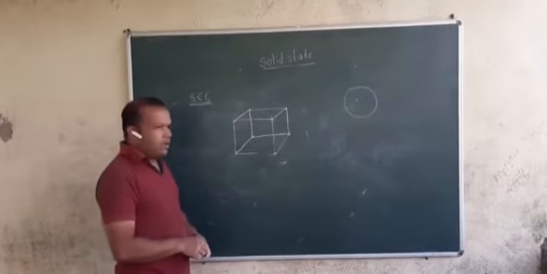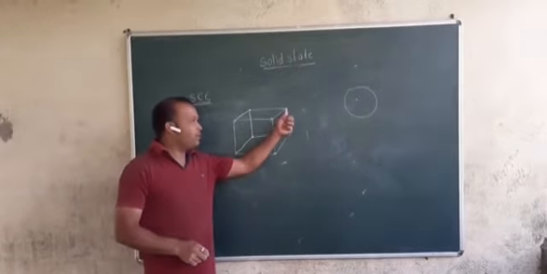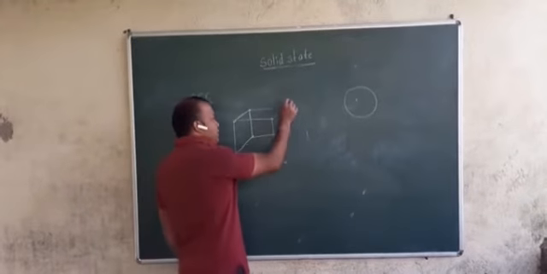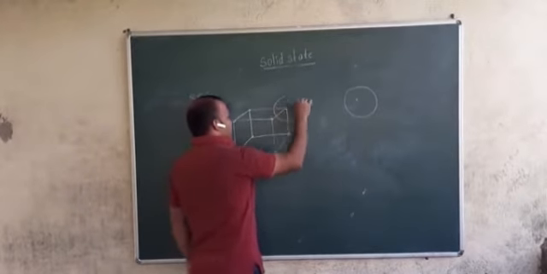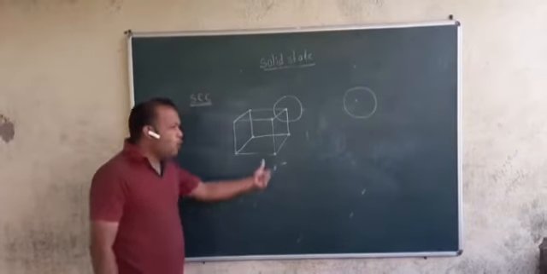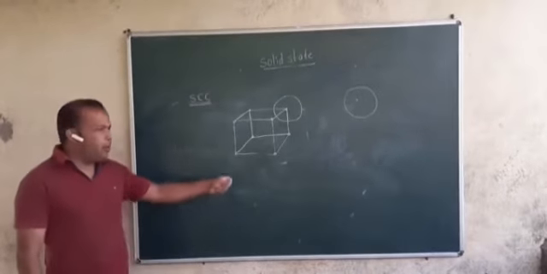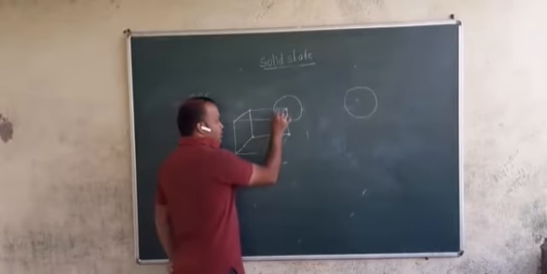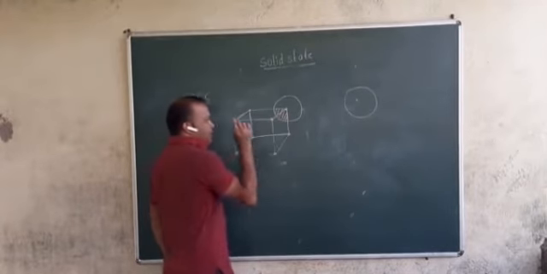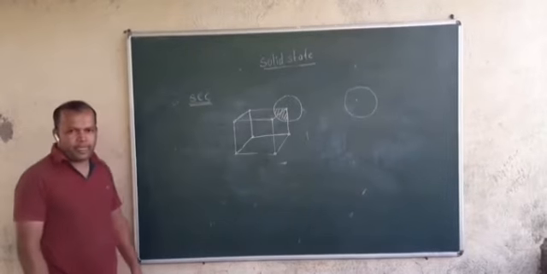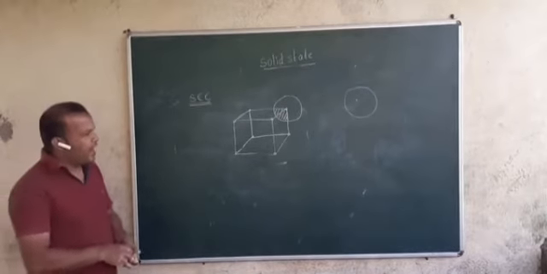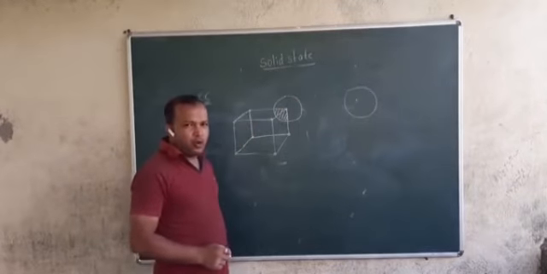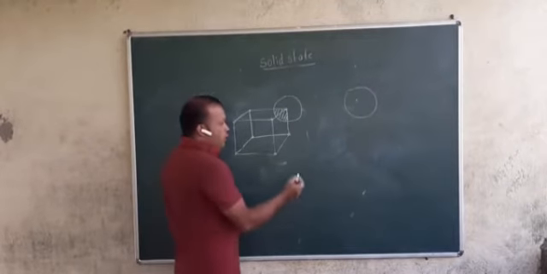And I said I am representing this constituent particle as a point, but this is a circle. So I'll draw a circle here. So how much part of this circle belongs to this unit cell? That means this much part. Okay, so I can definitely see that half of the circle is outside this unit cell.